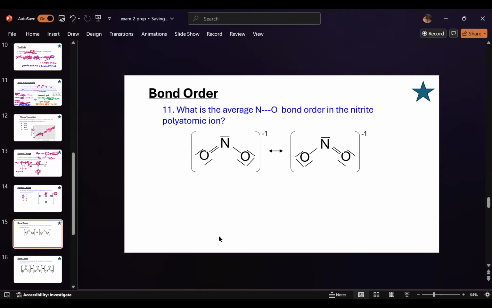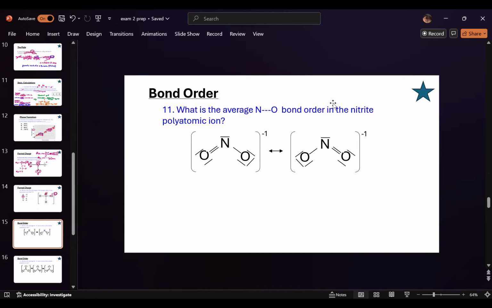What is the average NO bond order in the nitrite polyatomic ion? Oh, bond order, amazing. Okay, so for this one, the first thing you should want to do is calculate the formal charges.